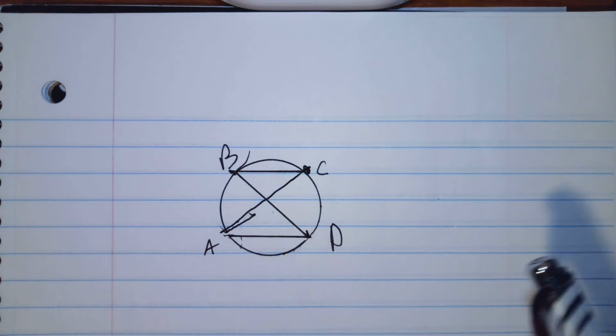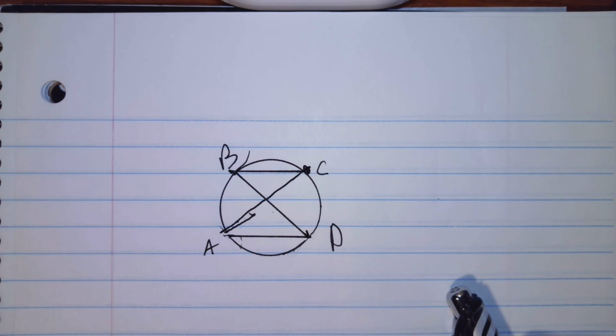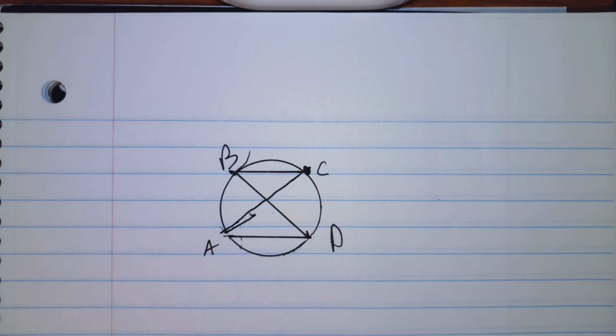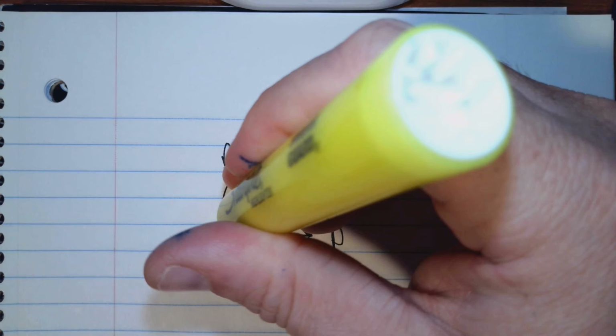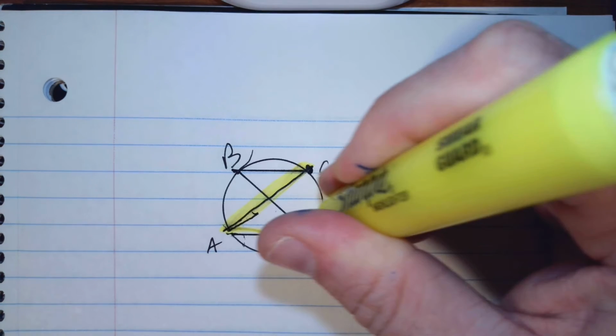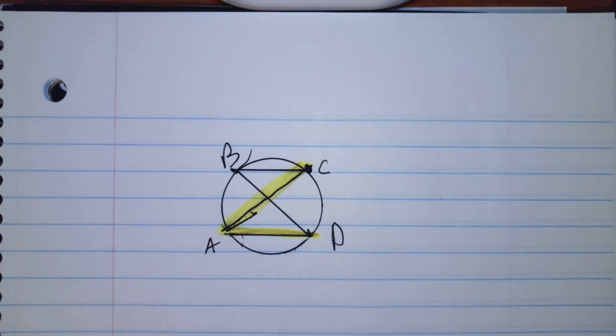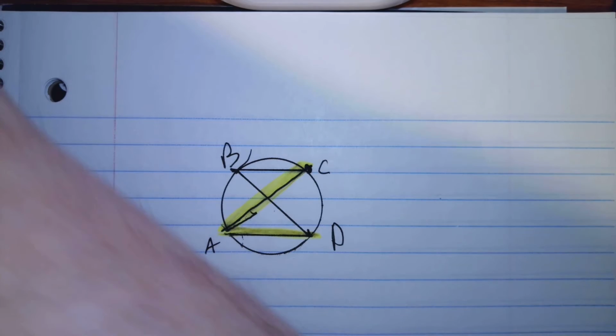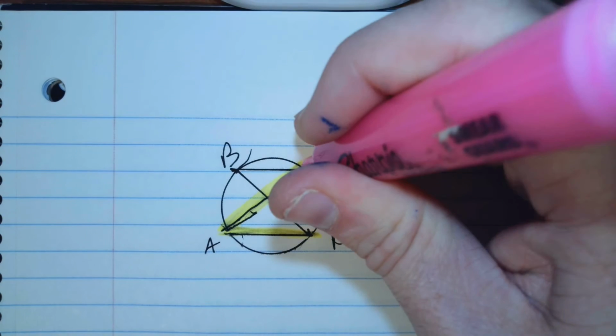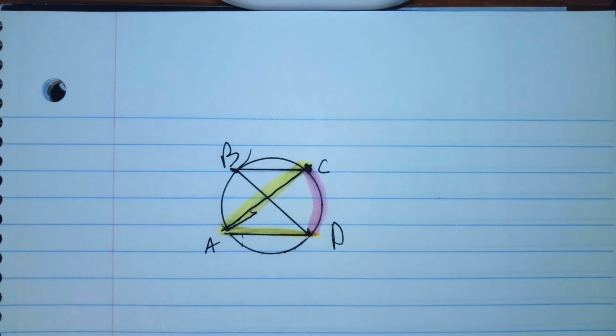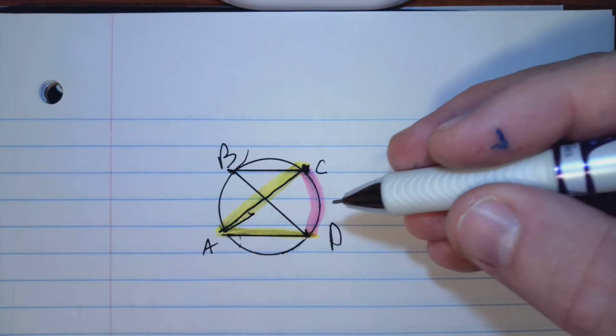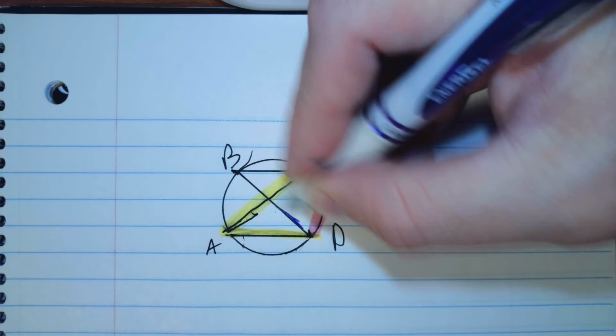I want two congruent angles out of this deal. There might be multiple ways to do this, but let me just focus on this. I see this angle right here, angle A. Angle A is going to project onto this arc right here. I also see angle B, and I wish I had another highlighter. I don't, so I'm going to color purple.